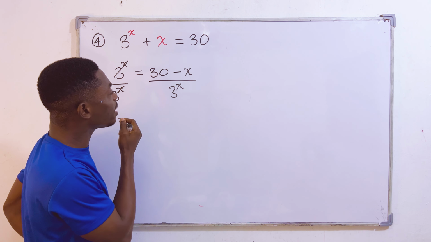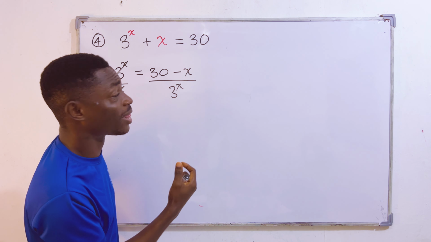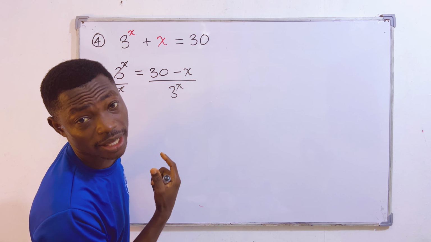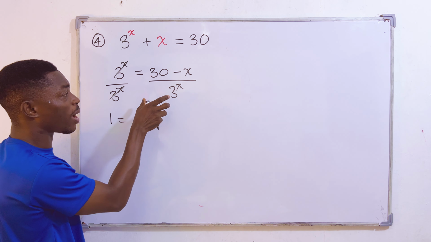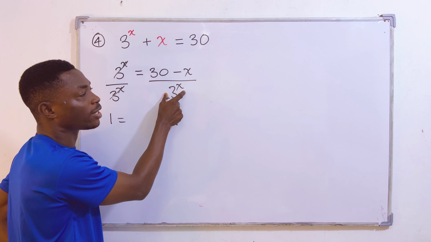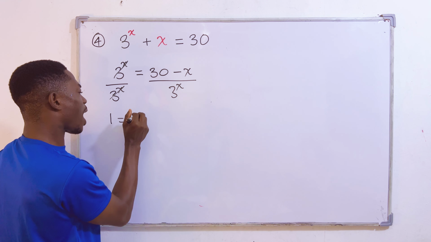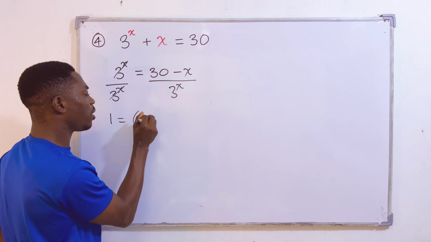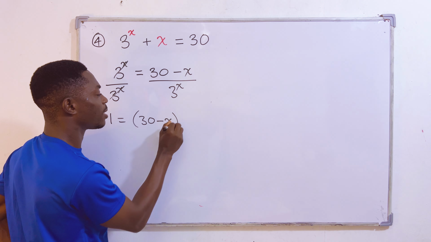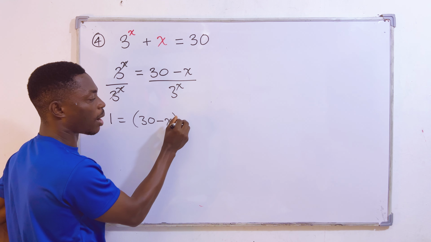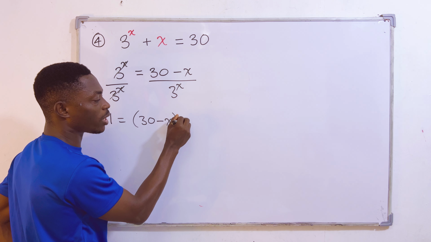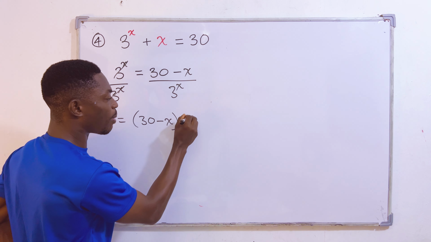However, looking at the nature of the fraction, if I split it, I think it is not going to give me anything, right? So I'm just going to keep this one, but I just want this denominator to move to the numerator side. How do I achieve that? Well, I can write this as 30 minus x, and then this 3 to the power x will come to the top right here to multiply what we have. However, the power will be negative.